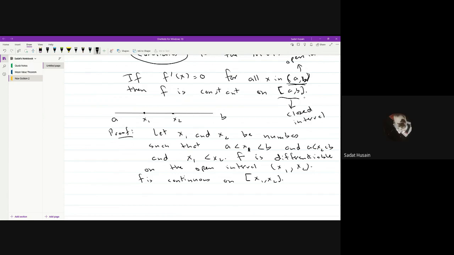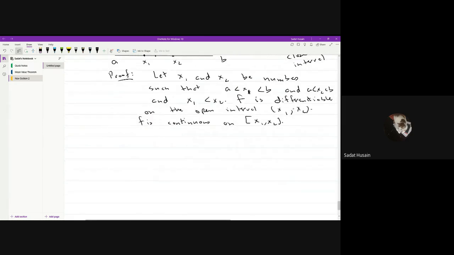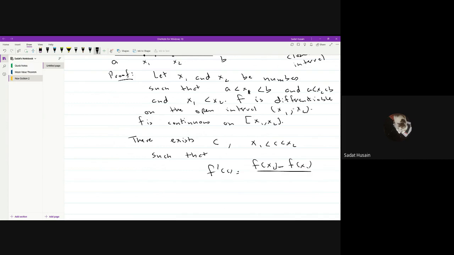So we can take a c here, so there exists c such that c is between x1 and x2, such that f prime of c equals f of x2 minus f of x1 divided by x2 minus x1.